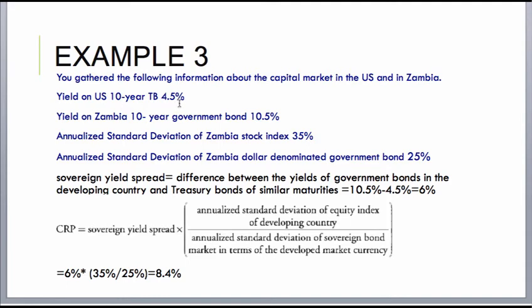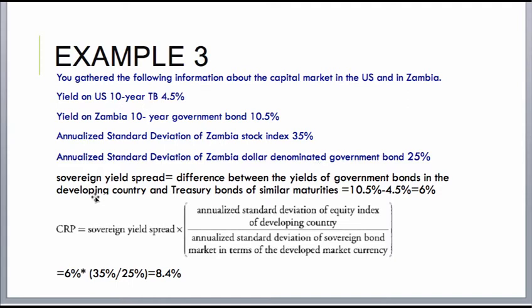It was given that the yield on the U.S. 10-year Treasury bond is 4.5%, and the yield on the Zambia 10-year government bond is 10.5%. Looking at that, the maturity is the same, so they are comparable. The annualized standard deviation of Zambia's stock index is 35%. The annualized standard deviation of the Zambian dollar-denominated government bond is 25%.